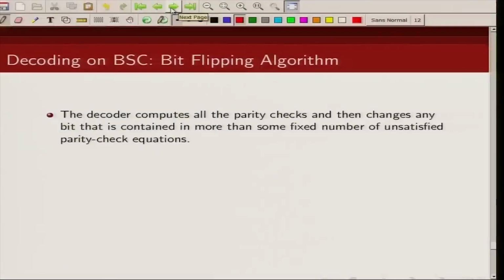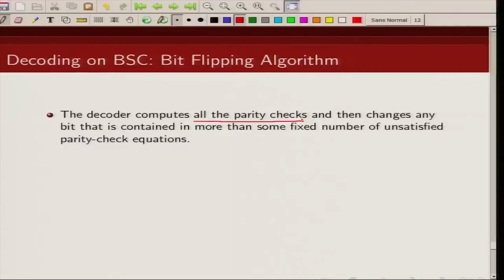So, what the decoder does is it computes all the parity check sets and then changes any bit that is contained in more than a fixed number of unsatisfied parity check equations, and then we recompute the syndrome and the parity check constraints.